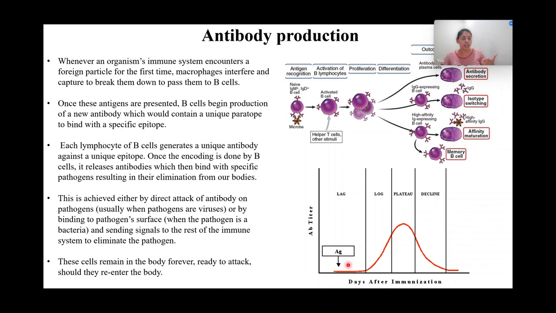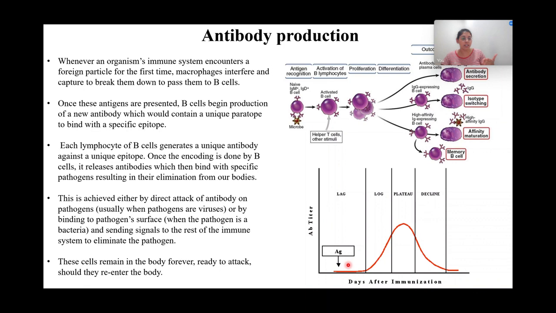The antibodies synthesized by the B cell will all have a unique paratope. B cells are lymphocytic cells, so each lymphocyte is now generating an antibody against a unique epitope.